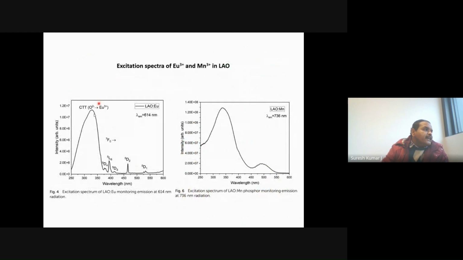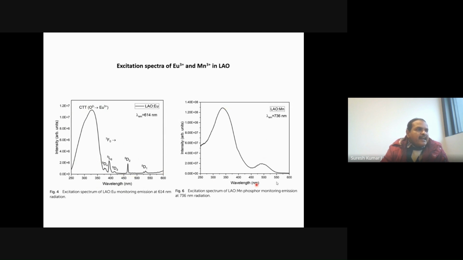Coming to the excitation spectrum for lanthanum aluminum oxide doped with single europium ion, we have a large excitation band, which is attributed to the charge transfer transition from oxygen to europium, and there are low-intensity excitation bands of europium.